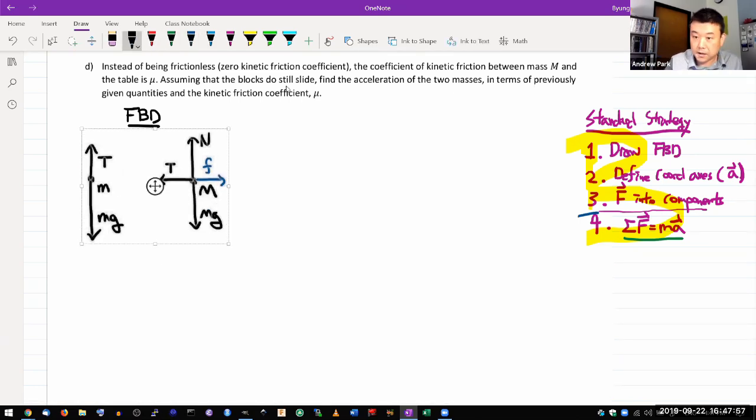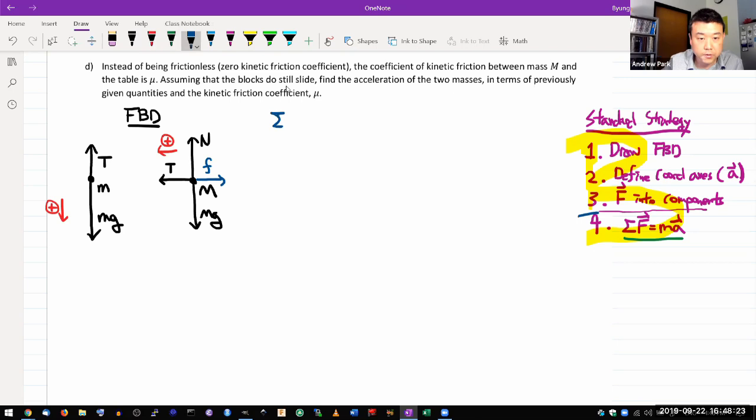All right, so with the free body diagram drawn, the next thing I need to do is define the coordinate axis. That's the same axis as before, the direction of acceleration. I'm going to label that as being positive, the direction of acceleration. And I don't need to break any forces into components, thankfully. Now I can write down my net force equation.